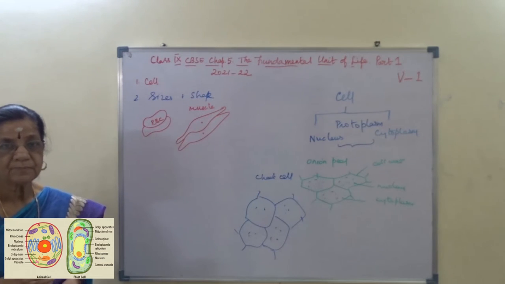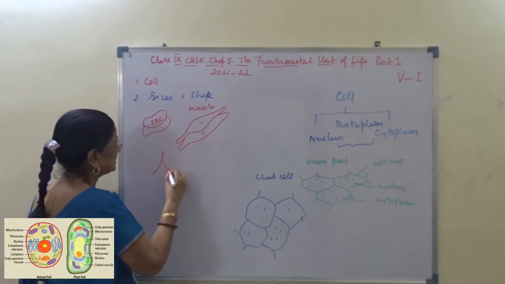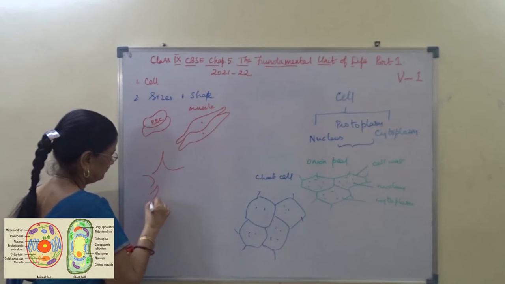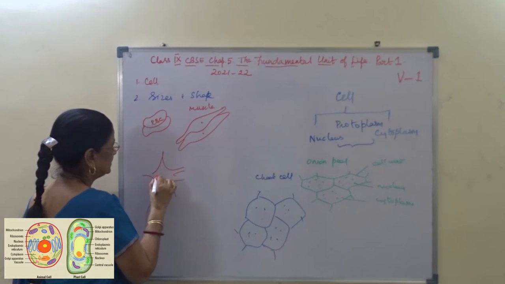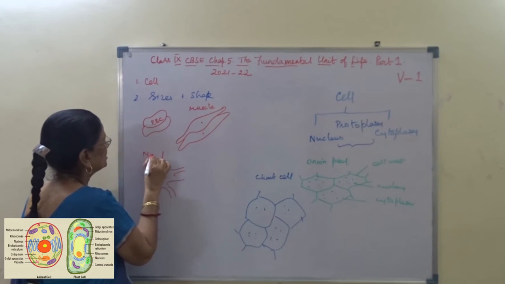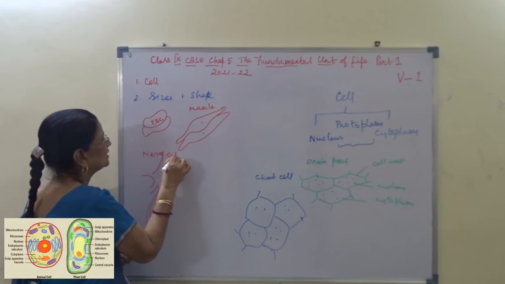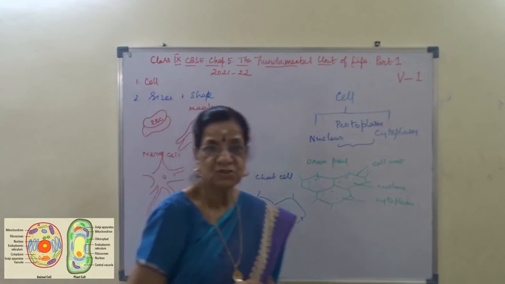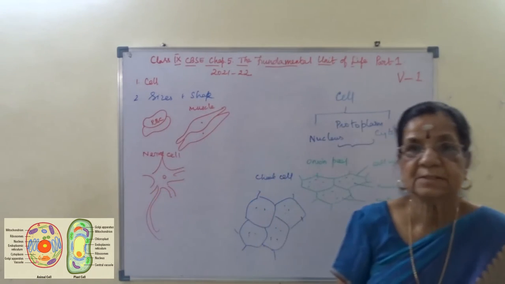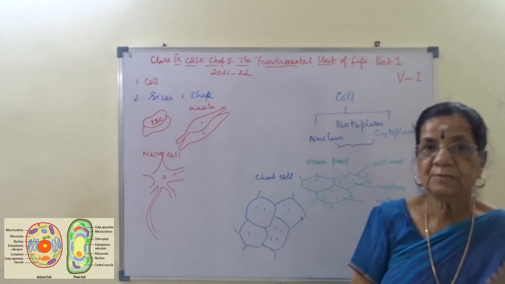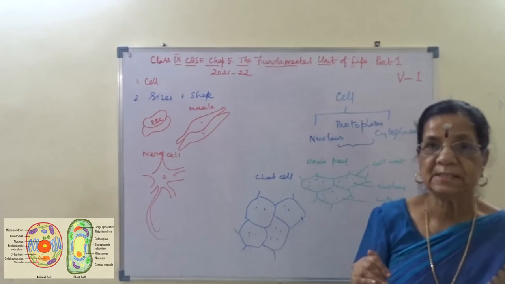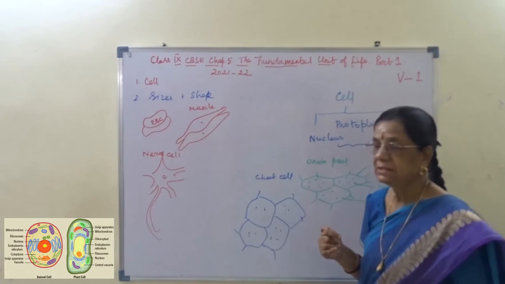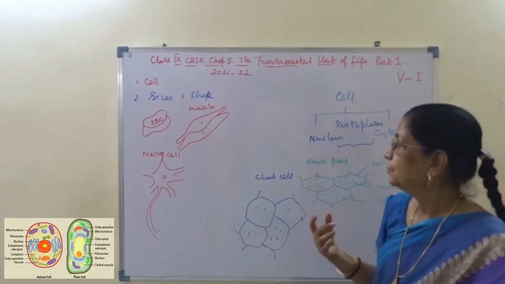Are you clear? Now this structure is a nerve cell. So these animals have different sizes and shapes of cells, such as RBC, red blood corpuscle, muscle cell.